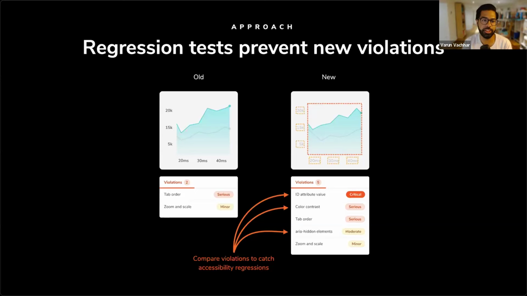That legacy accessibility that you might be working with, or new issues that you are introducing in the specific pull request that you're working on. So let's say you start today and you have a certain amount of accessibility issues in your application. You want to address those at a later time, slowly, incrementally, but at the same time, you don't want to introduce new accessibility issues. So this allows you to catch those really easily and get alerted to fixing those.